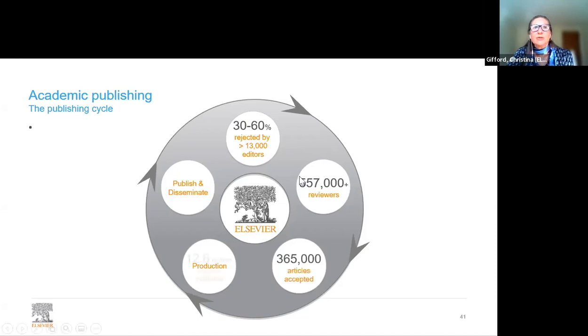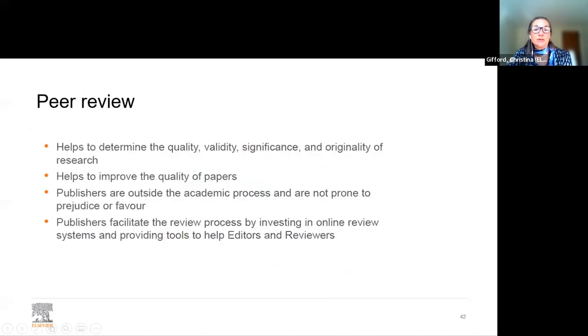Overall, 365,000 articles are in the end accepted by the editors each year and produced, which means typeset, posted online, linked to external platforms such as PubMed, promoted to the appropriate audience, and of course archived for future use. 12.6 million articles are now available and have been downloaded over 700 million times by 11 million researchers across more than 120 countries.